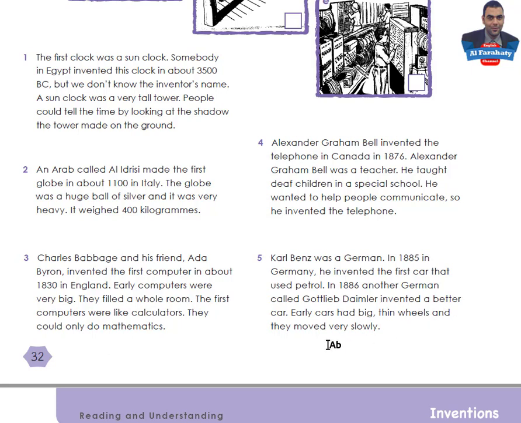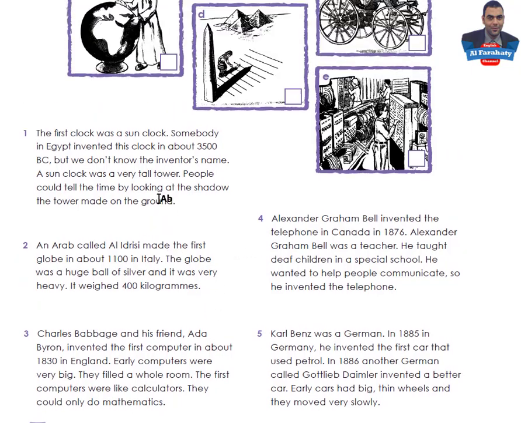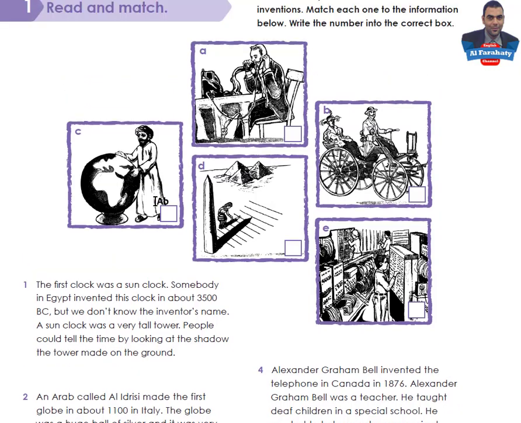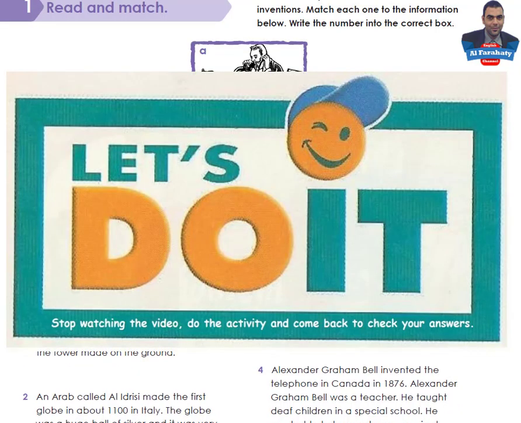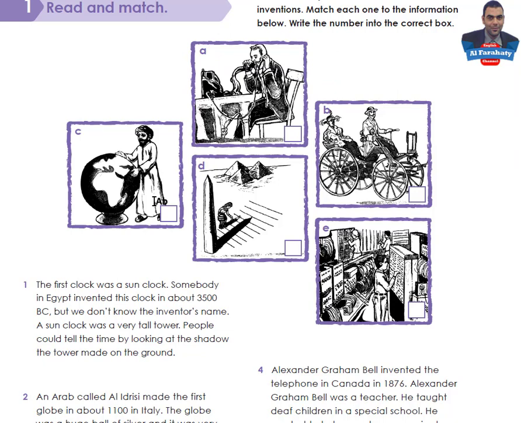Now you are asked to match these texts to the pictures. Take your time to do the task, then come back to check your answers. Hello again. Now I'll write the number of the texts into these boxes. Yes, A is text number 4.